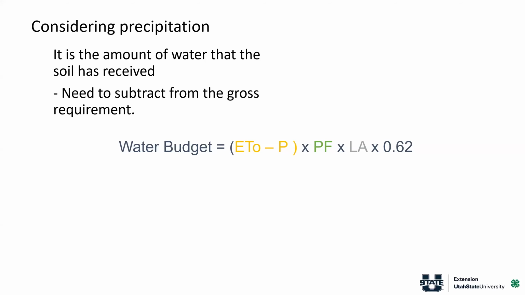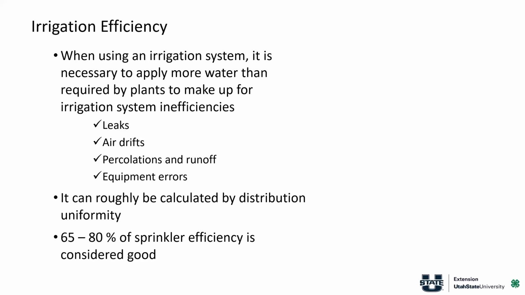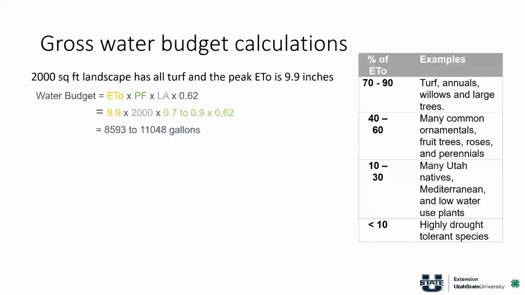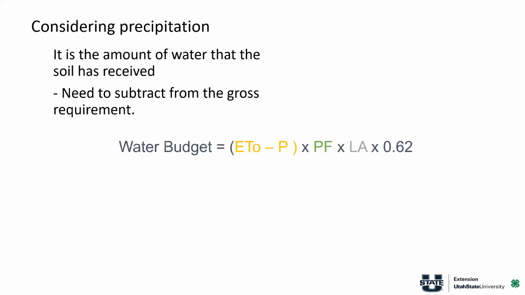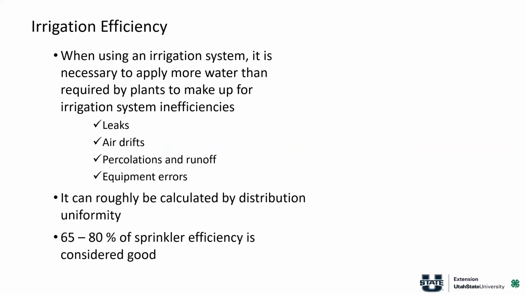Also, this number here, 8,593, is the amount of water that is needed by the plants. We can't say that all the water that we apply is received by the plant because there are a lot of inefficiencies.